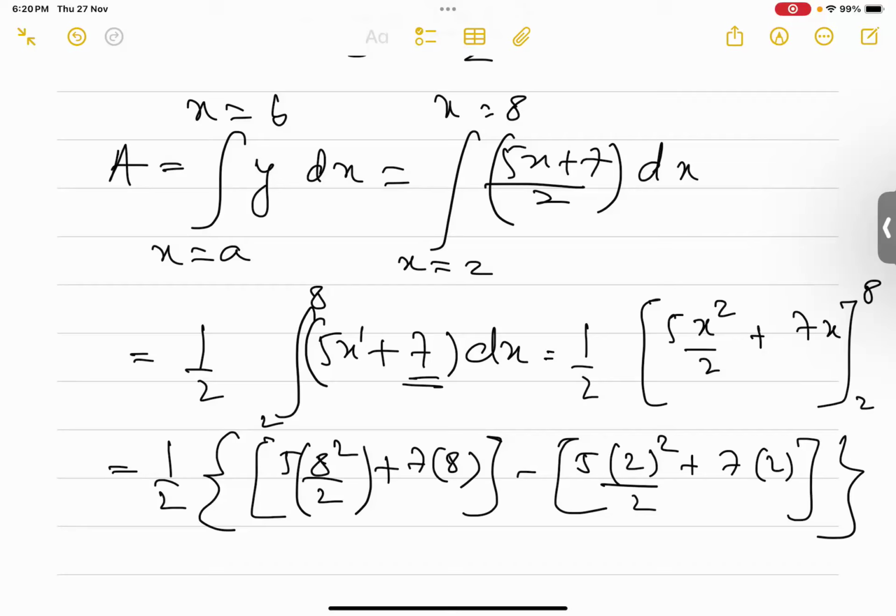Solve this. You'll get the answer. Start. This should be your answer.